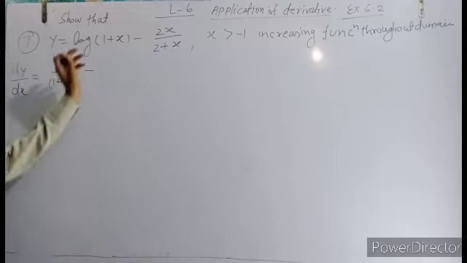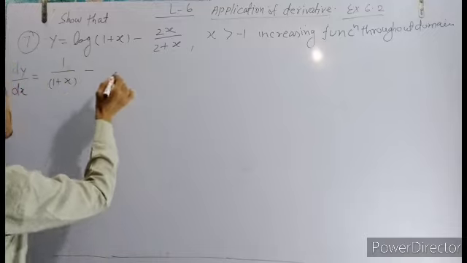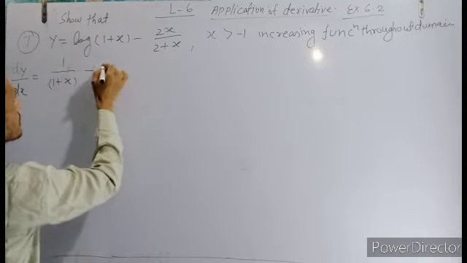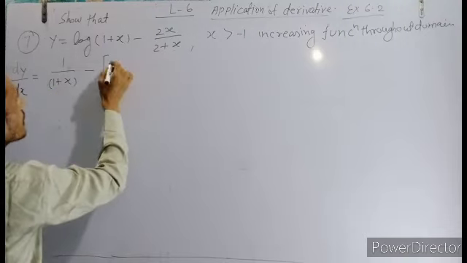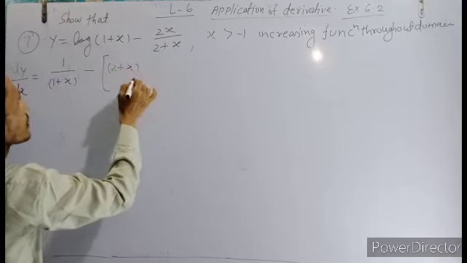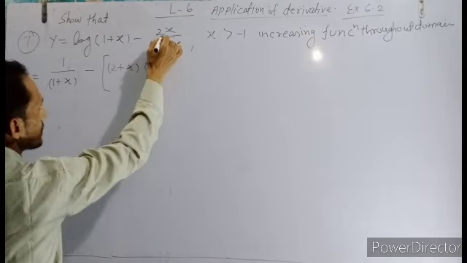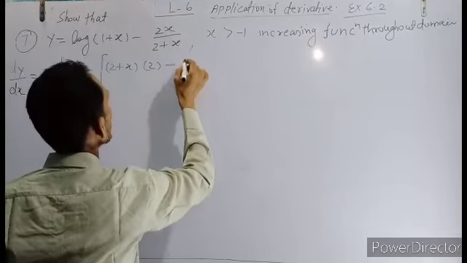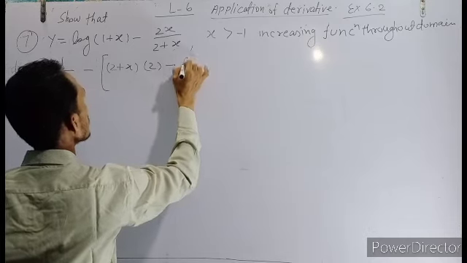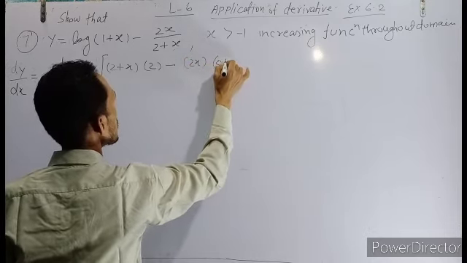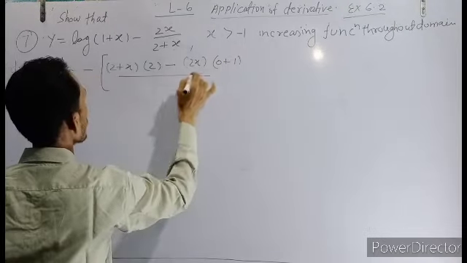In this way we can find the derivative: 1 upon x plus 1 into the derivative of this one, then (2 plus x) by the quotient rule, denominator into derivative of numerator 2, minus numerator as it is into derivative of denominator 0 plus 1, upon the square of this.